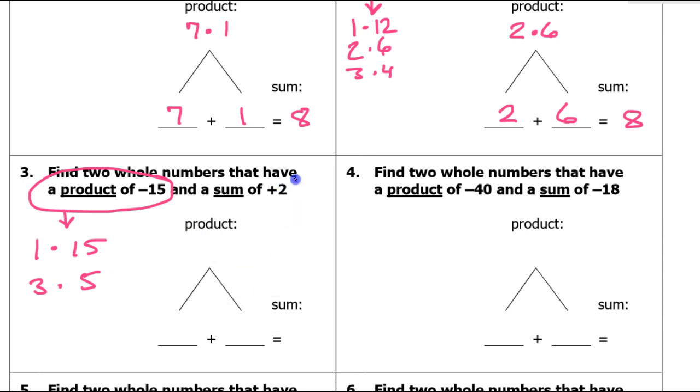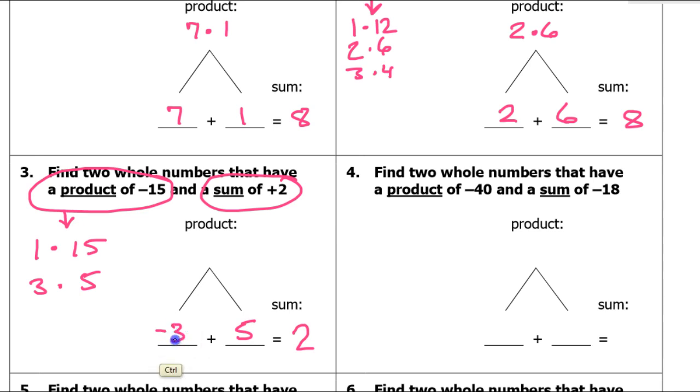Now, we want a sum of positive 2. So I want the sum to be positive 2. Which one of these, if I pick the signs right, will give me a sum of 2? Well, I can get it if I use a 3 and a 5. If I make the 5 positive and the 3 negative.